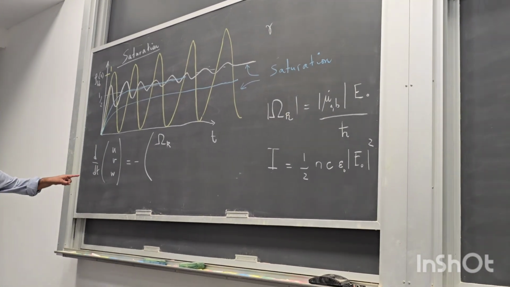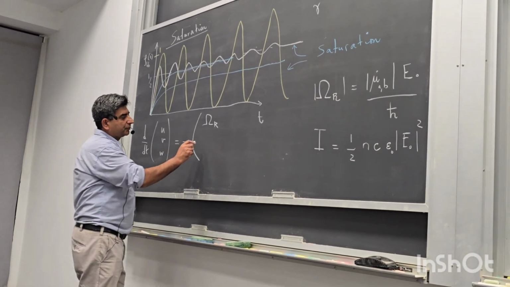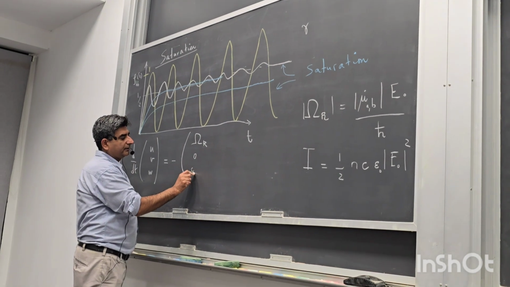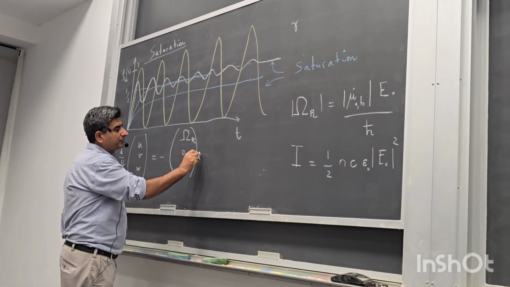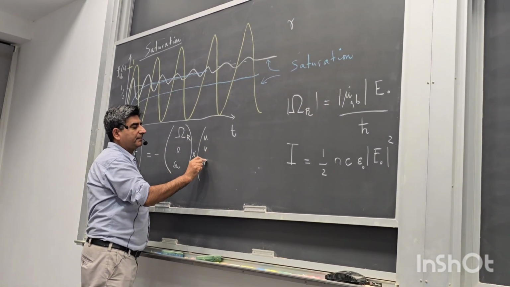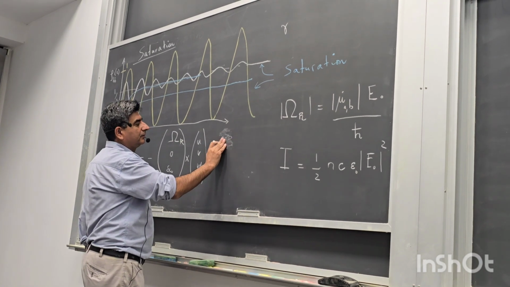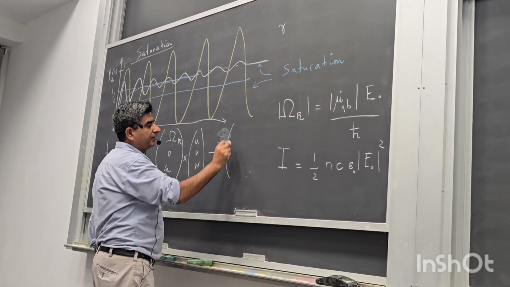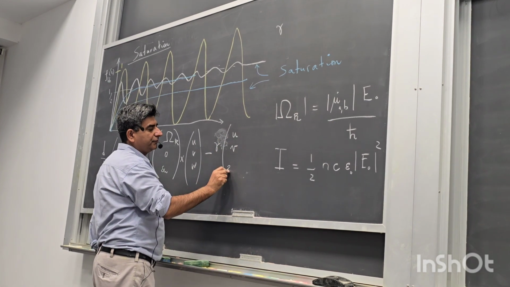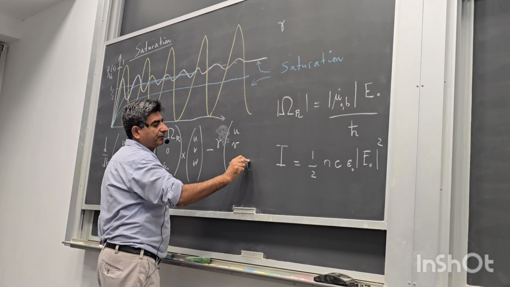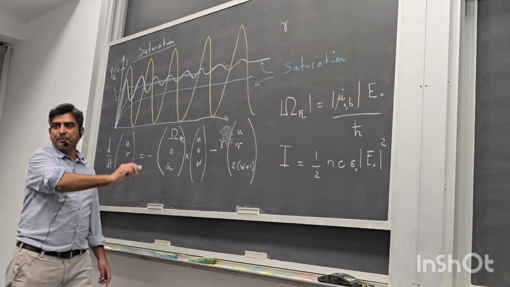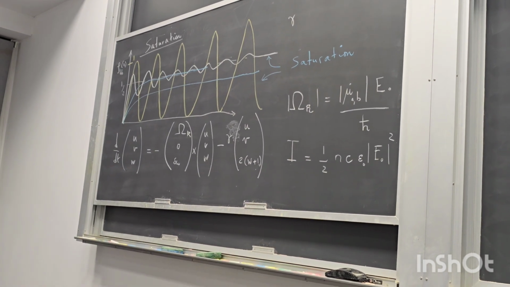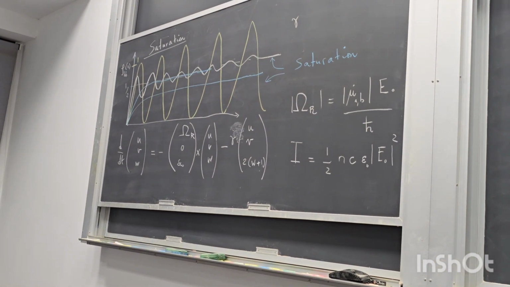Anyway, so the optical Bloch equation goes as follows: the detuning vector delta R cross product with U, V, W, minus the damping term, gamma times U, V, 2 times W plus 1. Optical Bloch equations. Now what's going to happen in saturation?